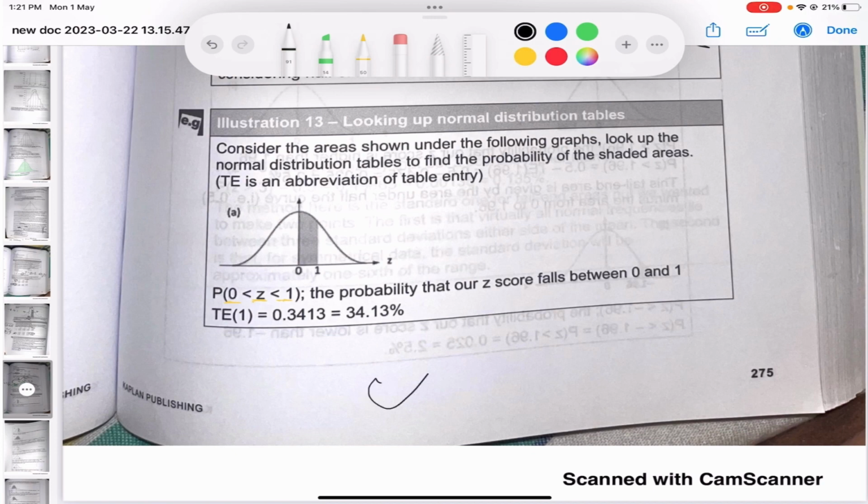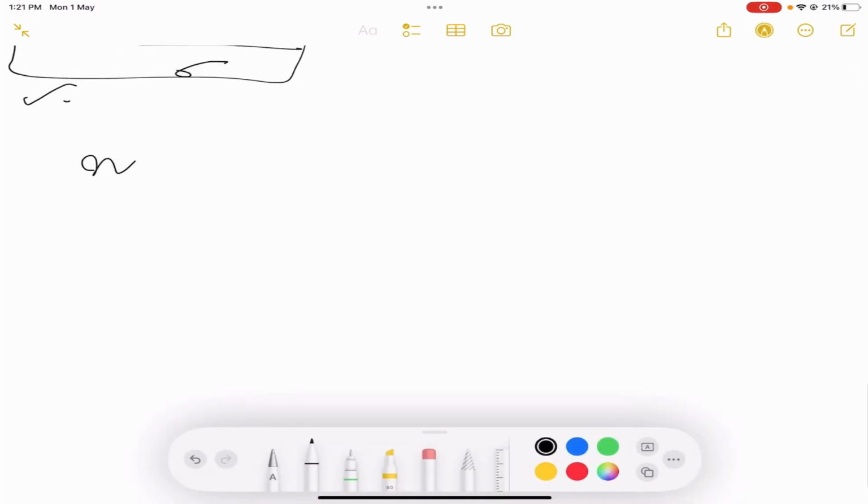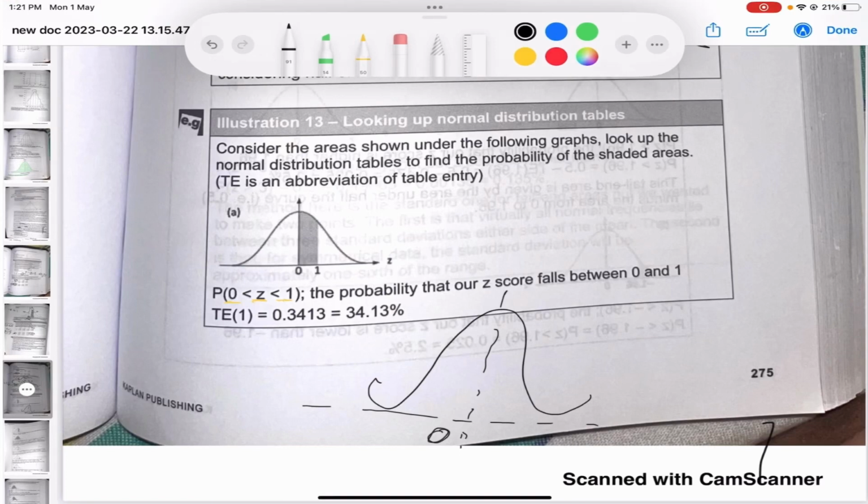This is my curve. My mean is 0. This is the most important thing. Also, my mean is going to be 0 and my standard deviation is going to be 1. My value lies between 0 and 1. So 0 is over here and 1 is over here.